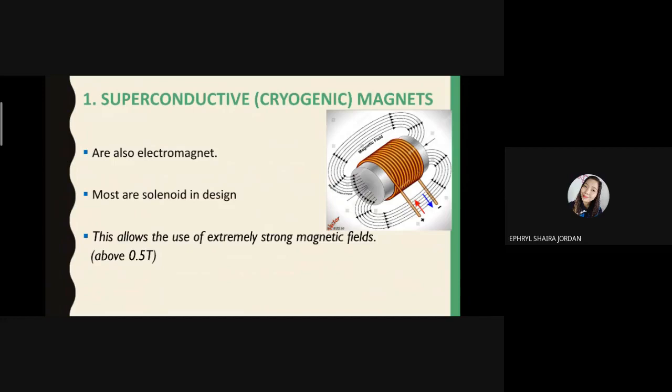This type of magnet is notable in that the magnetic field can be maintained for a very long period of time without requiring a constant source of energy. And this allows the use of extremely strong magnetic fields, which could reach above 0.5 Tesla.